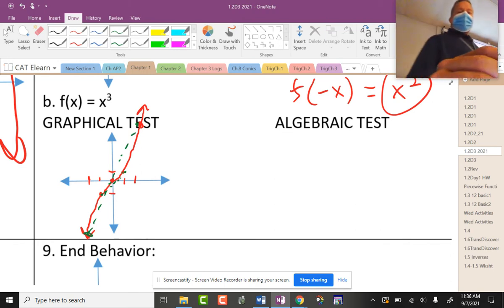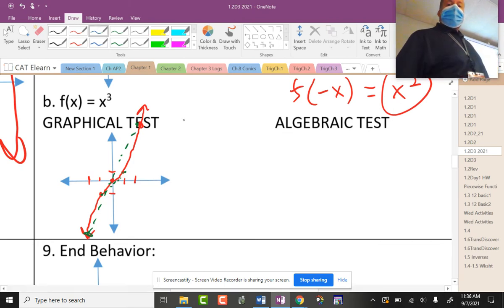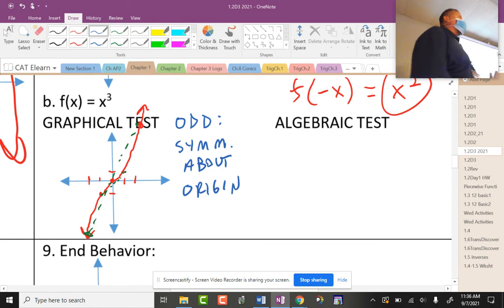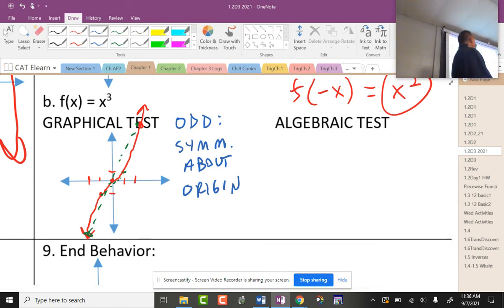Okay, so graphically, odd functions are symmetric about the origin. I'm writing like a cave person here. Symmetric about the origin. Okay? So that's all we need to understand there.